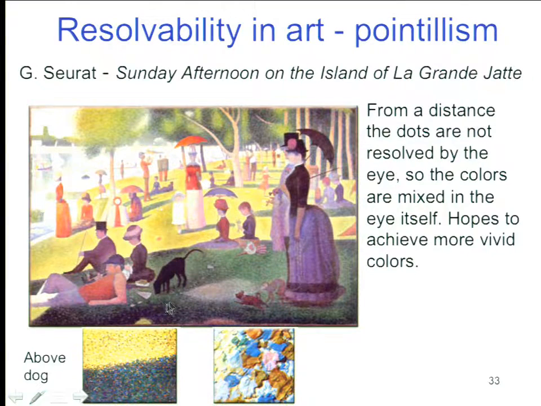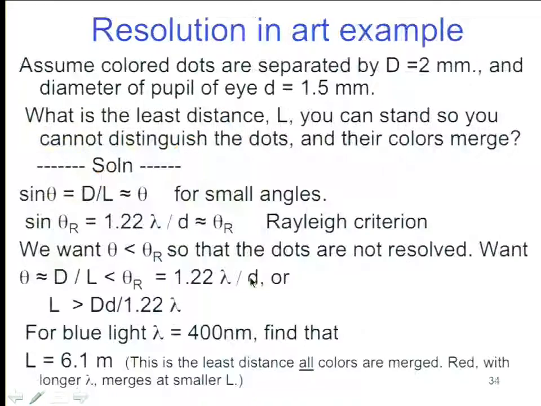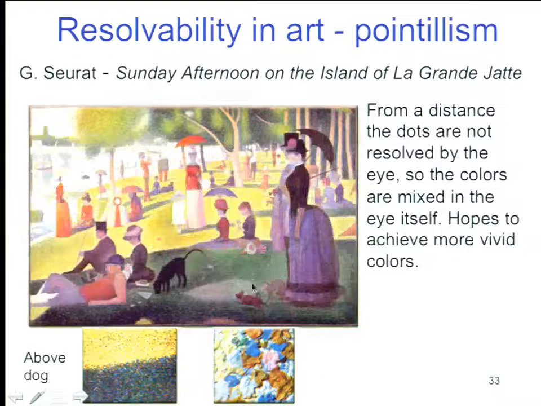And so we have here, let's see, above the dog, right in here, that little area, this is what it looks like on expansion. And if you expand it even more, you see that he's just put down little blobs of paint. Boop, boop, boop. This must be a very tedious process. I mean, how many dabs of paint he must have put into this whole picture. It's a big picture, by the way. It's really quite a lot of time. Let me go back.